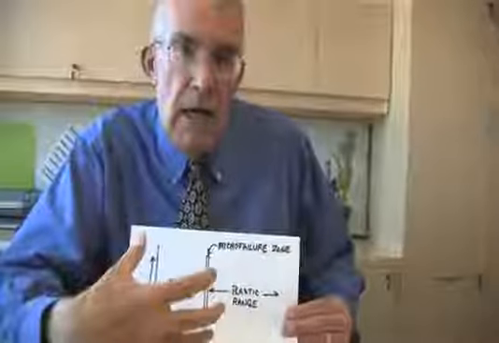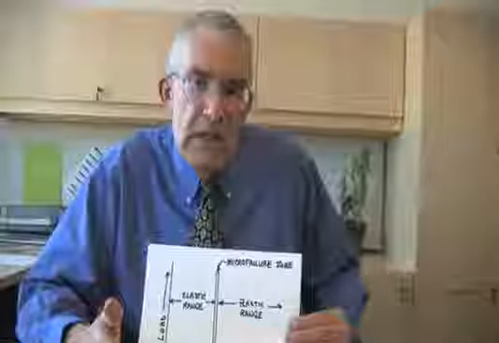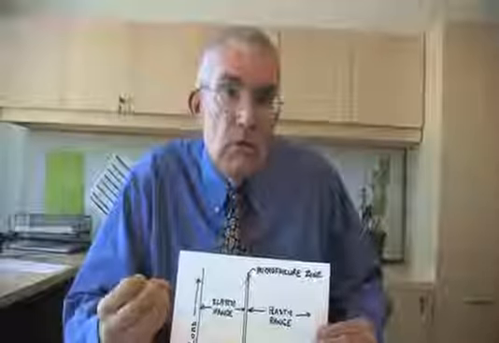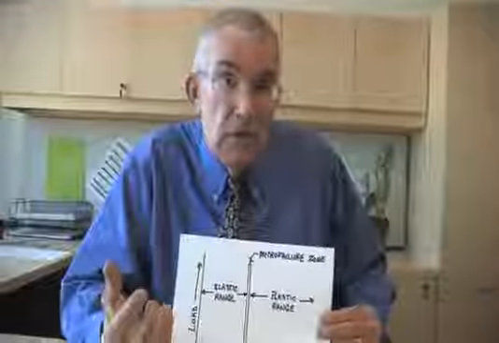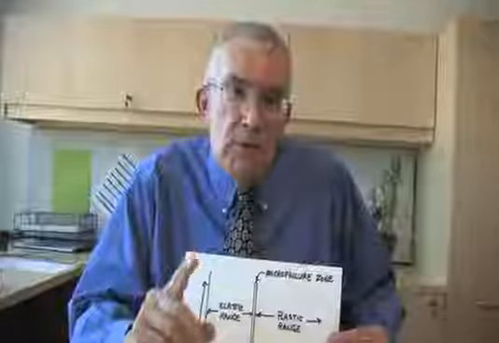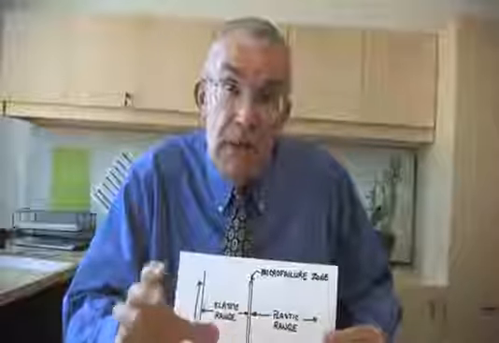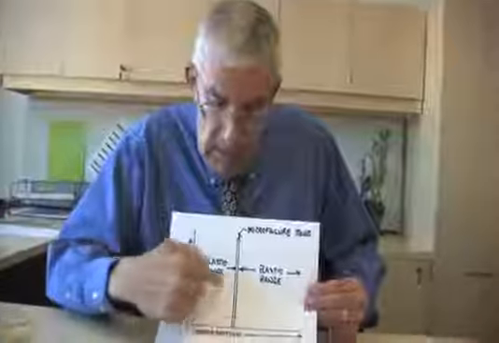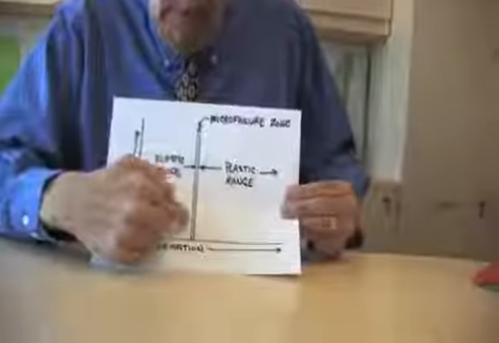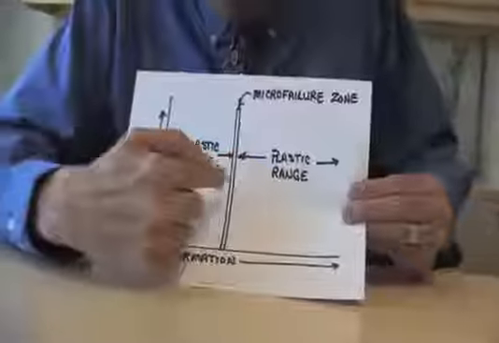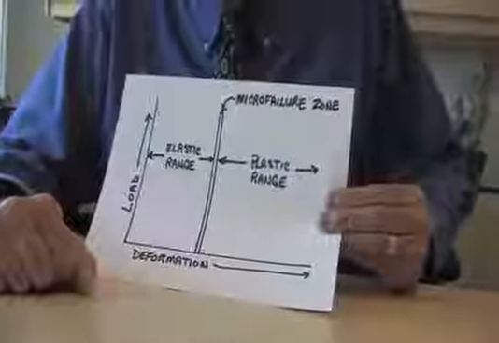The purpose of using the load deformation curve to explain the tissue stress model is to provide the understanding that when we have a patient who has increased stress to soft tissues and muscle-related tissues, one of the purposes of our orthotic device as part of the comprehensive management program is to control the amount of deformation that the tissues are entering, to try to keep them from going into this microfailure zone.